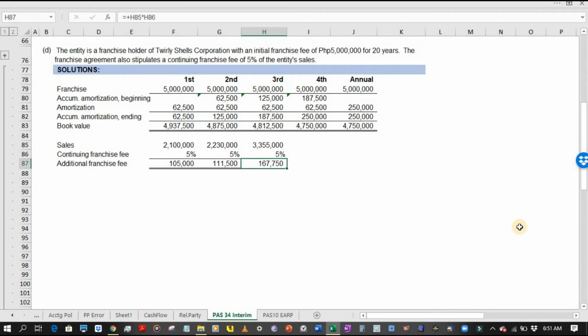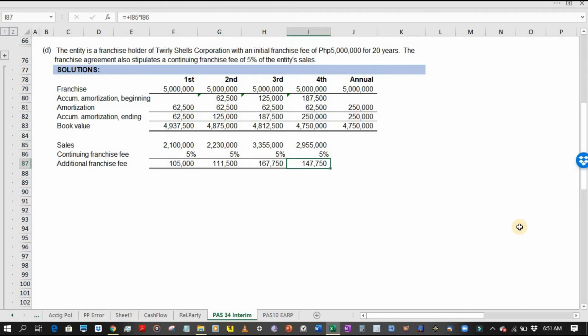Then the fourth quarter, the sales is 2,955,000 pesos multiplied by 5%. So that will be 147,750 pesos. So these are the amounts of continuing franchise fee incurred in each of these quarters.